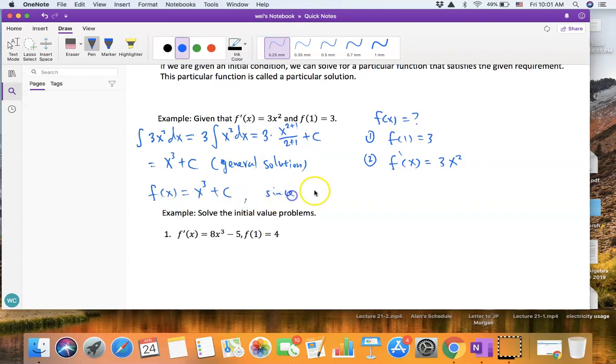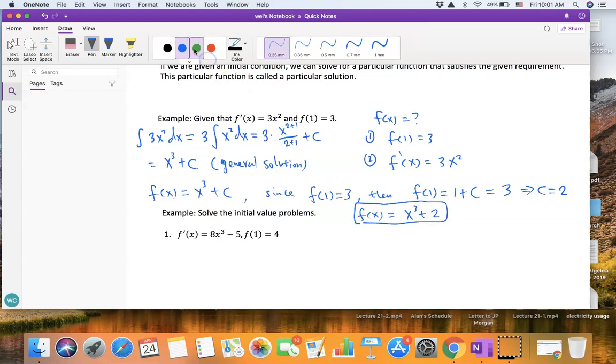And since f(1) equals 3, we substitute 1 for x in this equation. We have f(1) equals 1 plus c, and this is going to be equal to 3. Therefore, we can determine that c equals 2. So then we can find a particular solution to this problem. The solution is the function f(x) equals x to the third plus 2.